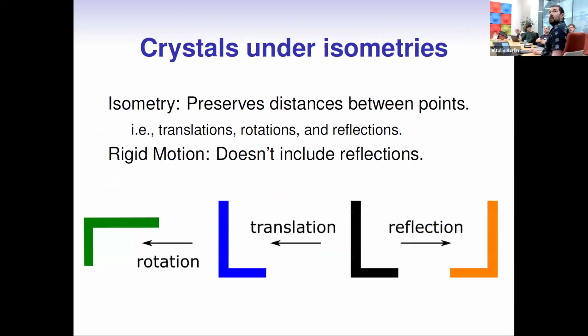Again, we're going to talk about crystals under isometry, and this is where we want to consider periodic point sets that differ by translation or rotation to be considered the same. We do have an inclusion of reflection here in terms of isometry, but most of the time we'll be working with rigid motion, although in this context, as you will see, that shouldn't affect things at all.